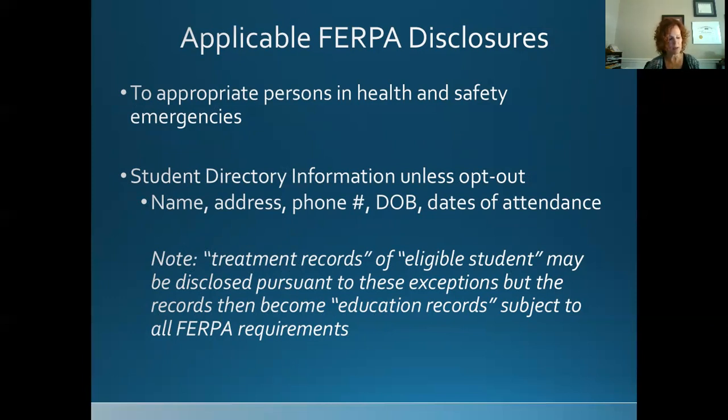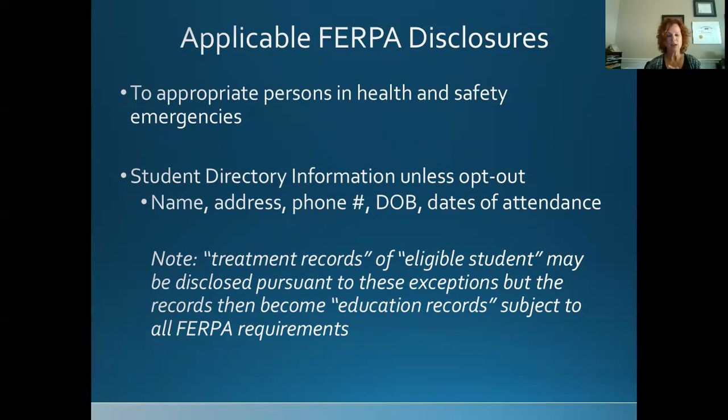So just like with HIPAA, when there is that imminent health or safety emergency, a disclosure of FERPA covered information can be made to a parent, to police, to others that are in a position to help reduce the likelihood of that health or safety emergency.